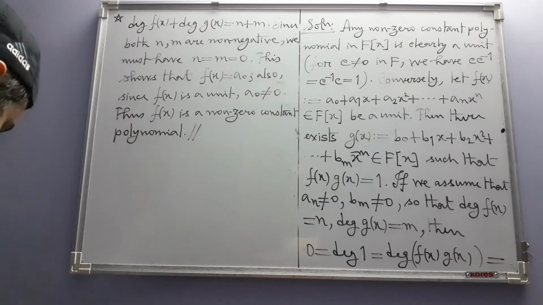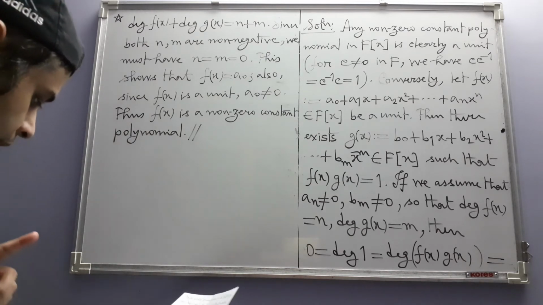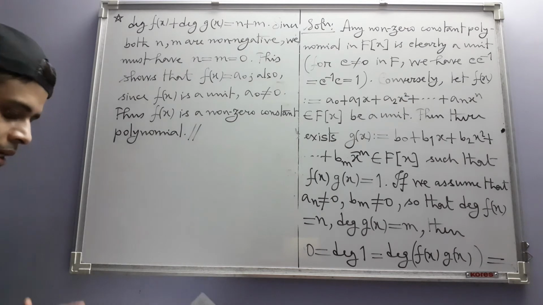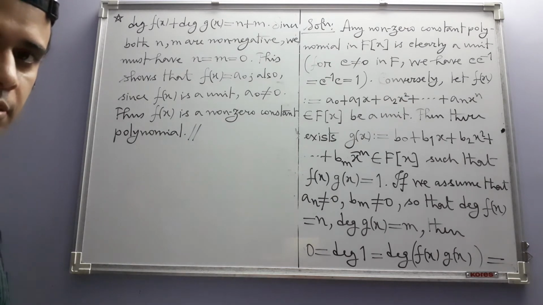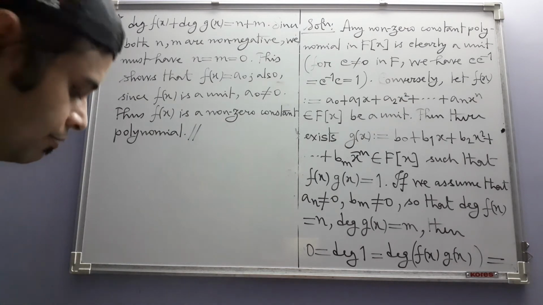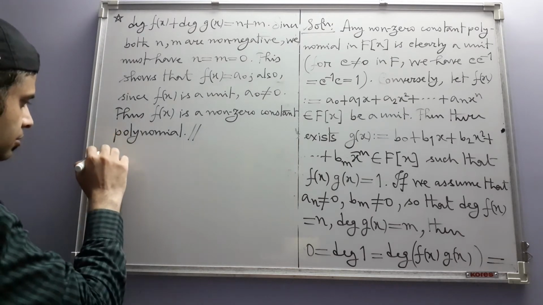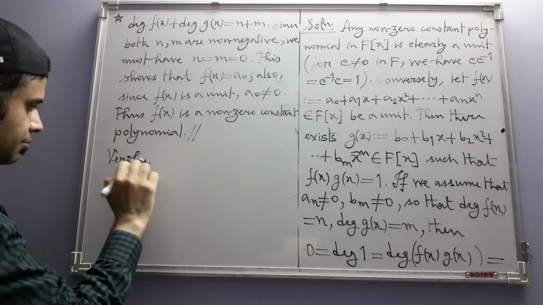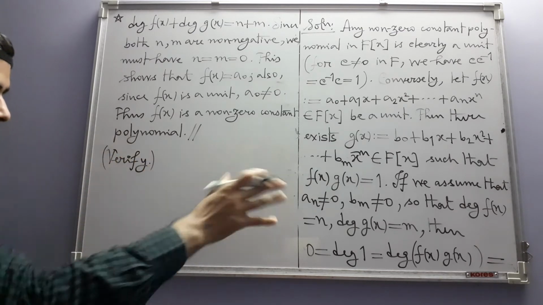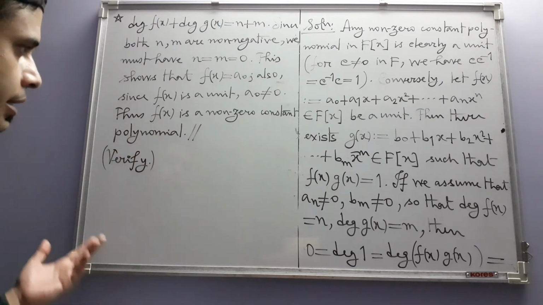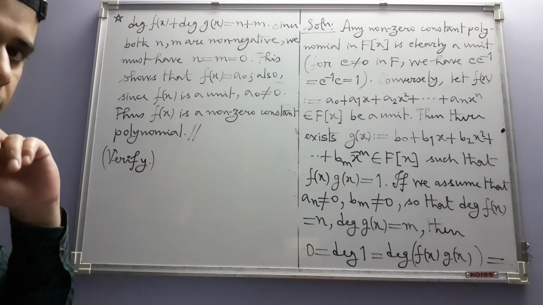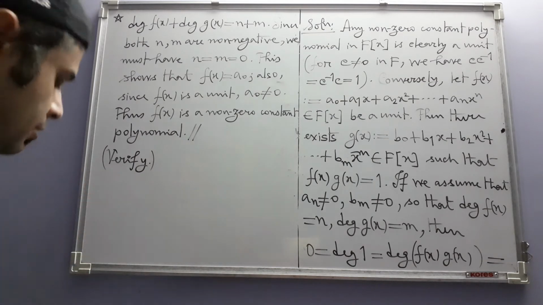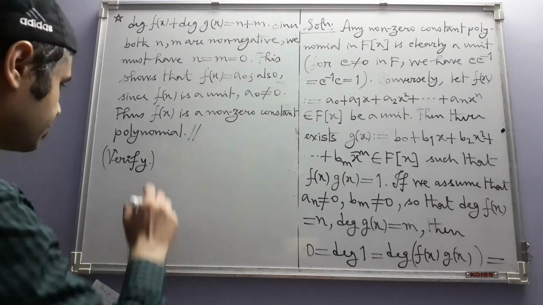Okay, so the next one is that claim that x cube minus 2 is irreducible over the field of rational numbers. Let me call this verify. This is something which is not there. These things are not there in the text. I added them as extra material for our benefit.